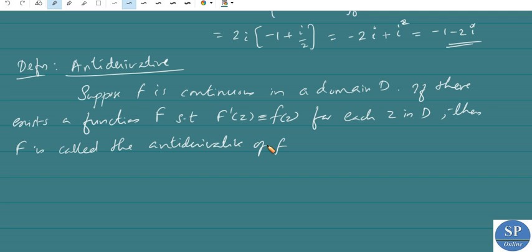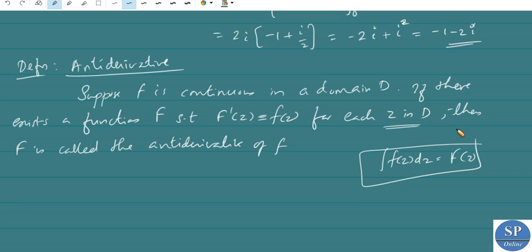So if small f of z is continuous in a domain D, then if there exists a function capital F such that F dash of z is equal to f of z for each z in D, then we can say that this capital F is the antiderivative of f, and we can represent that integral f of z dz is equal to capital F of z, right?